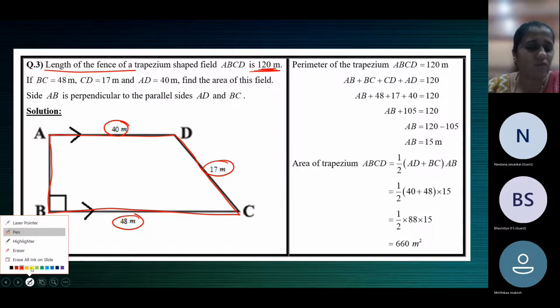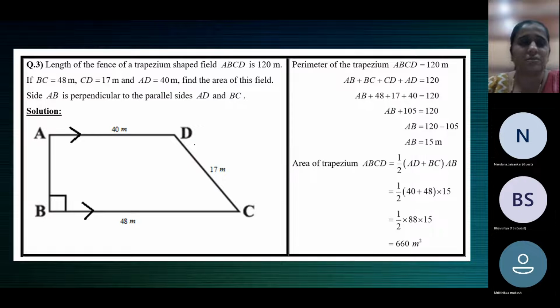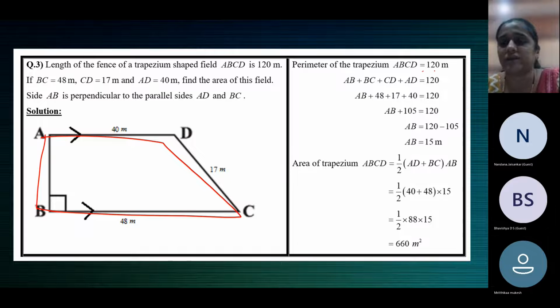There is no specific formula to find the perimeter. Perimeter is simply the sum of the lengths of the 4 sides. So it's AB plus BC plus CD plus AD, which is 120. Now we do not know AB, we know BC, CD and AD. Substitute and find the length of AB.